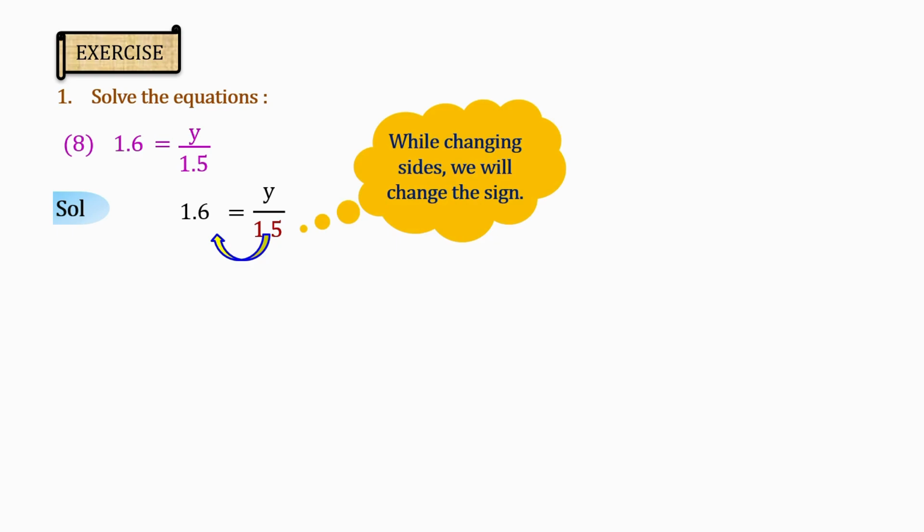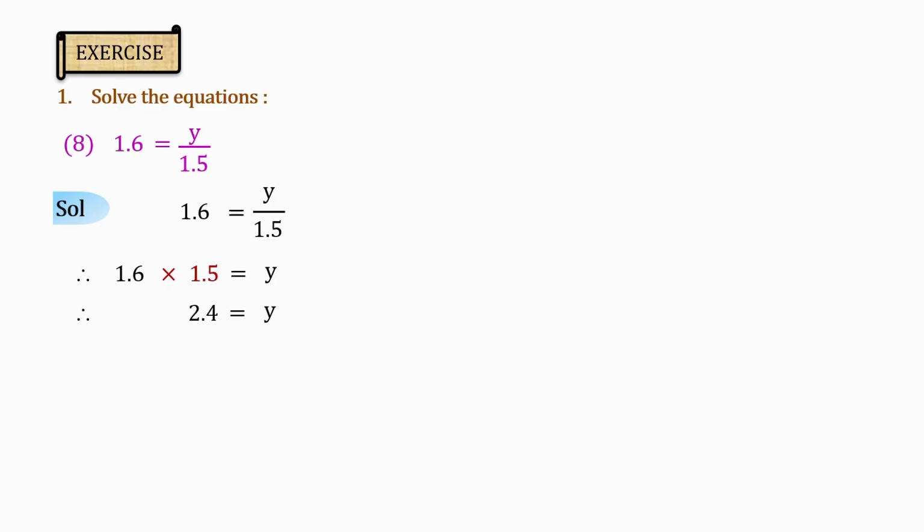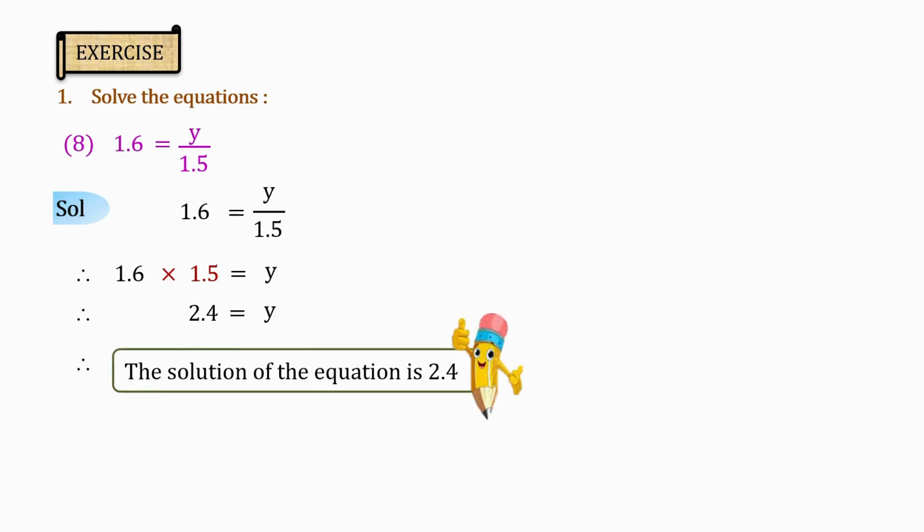So we are going to change the sign. 1.5 is divided over here, so that will now become multiplied. So the final answer will be y equal to 2.4. So the solution of the equation is 2.4 over here.